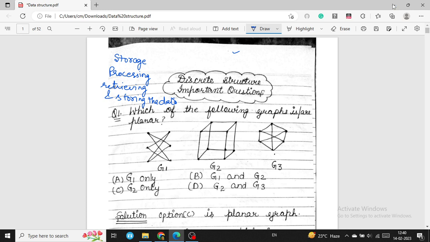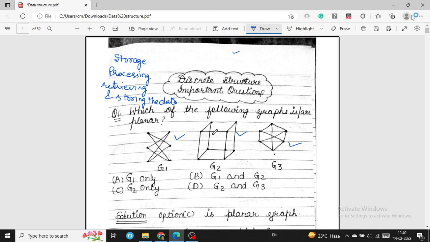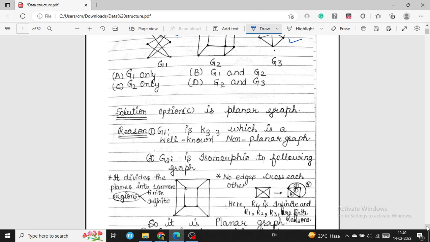Now, first question is, which of the following graphs is or are planar? We have to find out which of these three graphs is planar. First of all, you have to keep in mind, what is planar?